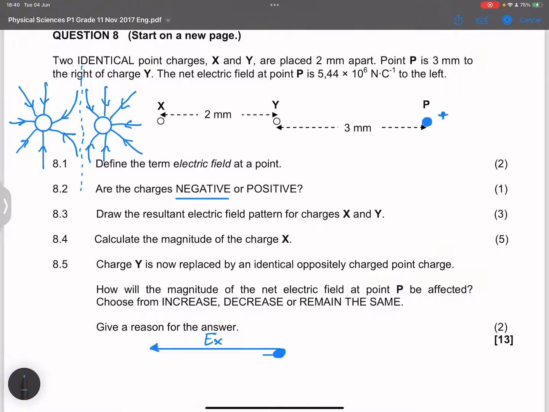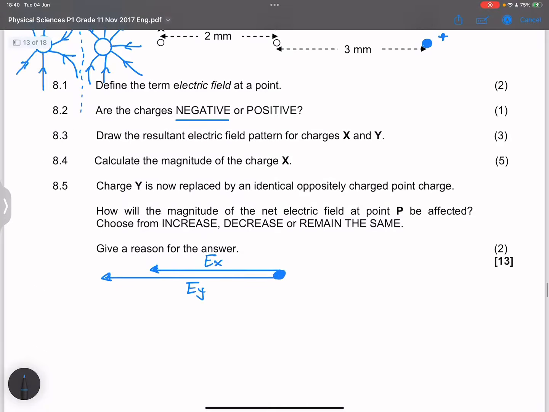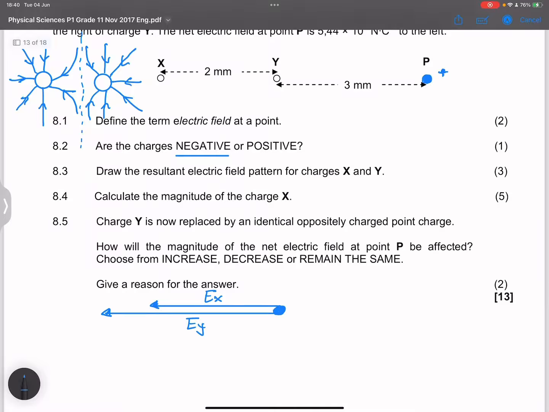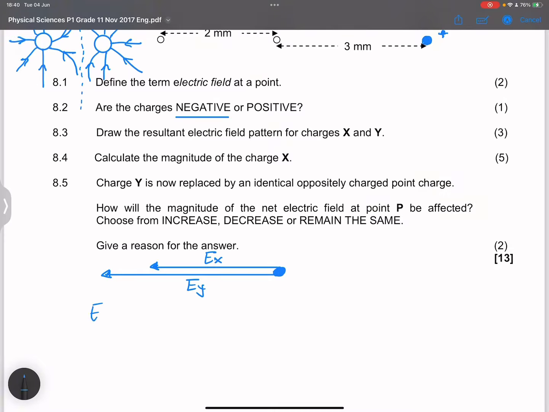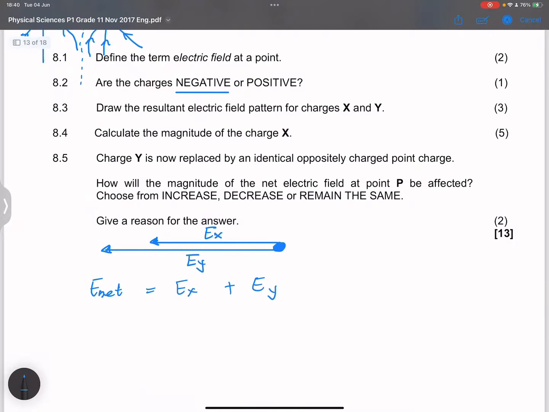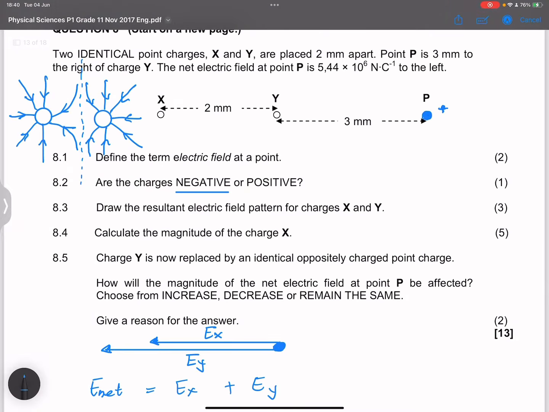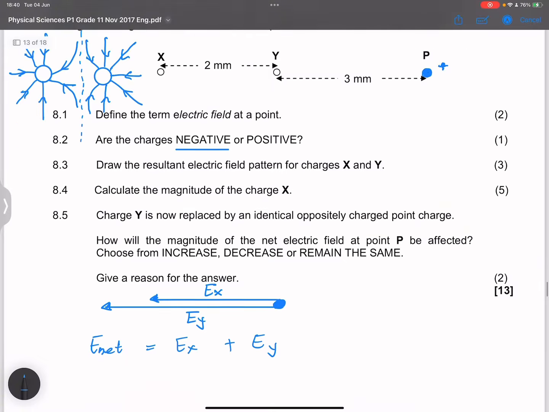But you'd also have EY, and I know EY would be much bigger, because the distance is smaller. So which means E net would be equal to EX plus EY, right? Now, our net electric field in this case is 5.44.